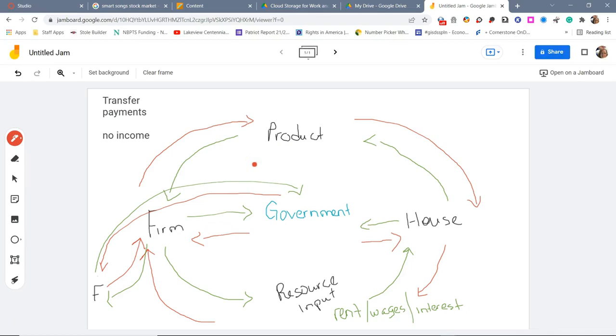But when we import, we reverse those. So when we import, we are then paying from the firm, and they are shipping us. It's kind of weird. And it's kind of like a two-way street.